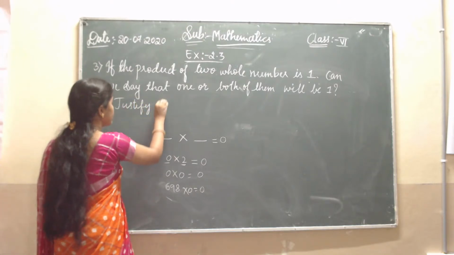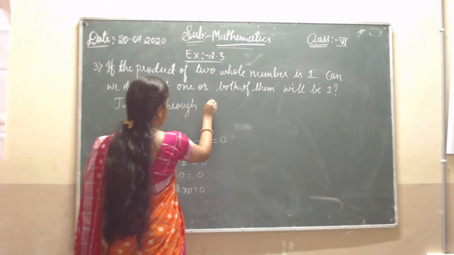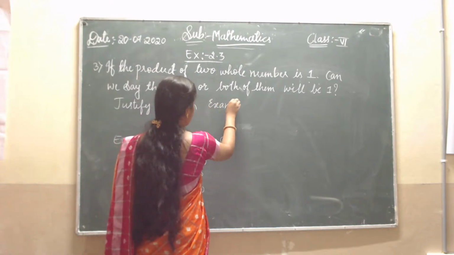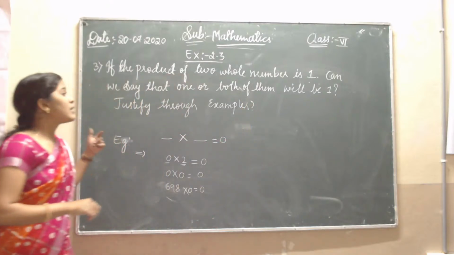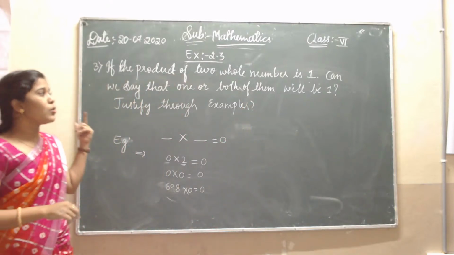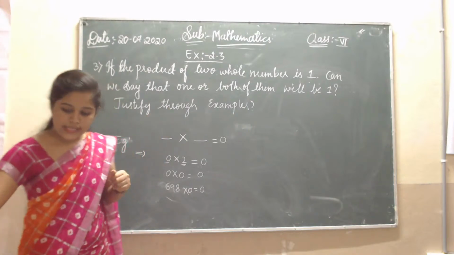Justify through examples. Same as in the previous problem. In the previous problem, they said if the product of two whole numbers is 0; here it is 1. So let's see.